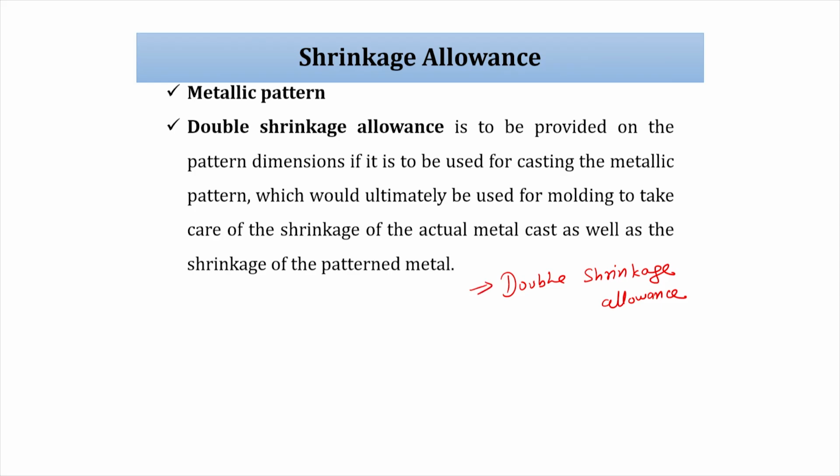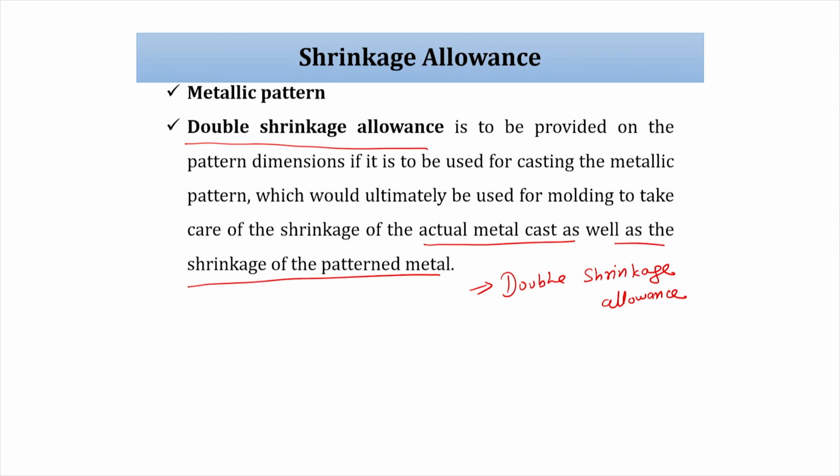If you want to make a metallic master alloy pattern, double shrinkage allowance is to be provided on the pattern dimension. If it is used for casting metallic patterns, which would ultimately be used for molding, it takes care of the shrinkage of the actual cast metal as well as the shrinkage of the pattern metal. There are two shrinkages.